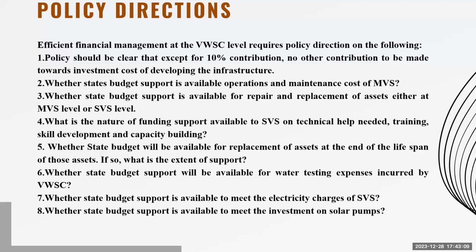And also, for a technological change like solar pumps instead of electrical pumps, whether the state is ready to pay for that. So these are some clarifications that we need to have from the state and the central government, so that it's clear how one should actually calculate the costs.